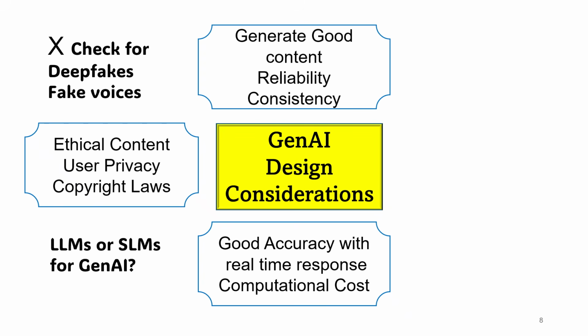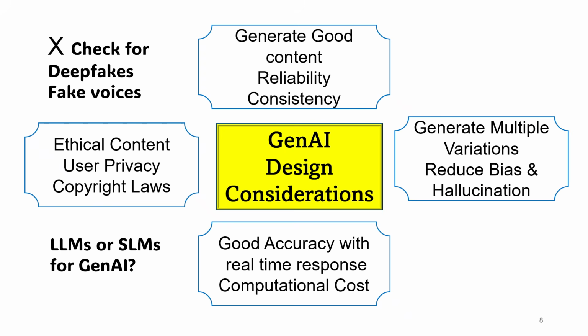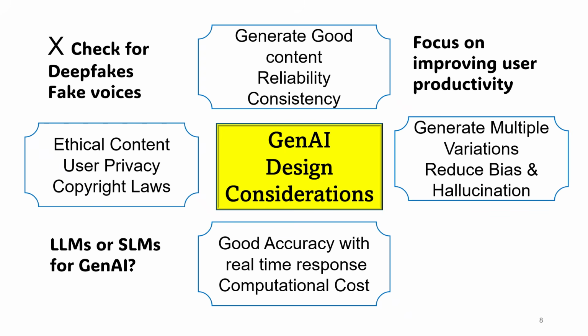Gen AIs are integrated into core workflows such as software development and companies' business operations. Gen AI integrated into companies' workflow can boost the productivity of the organization. Gen AI must provide multiple variations to a user request so that the user can choose the content that best suits the requirement.